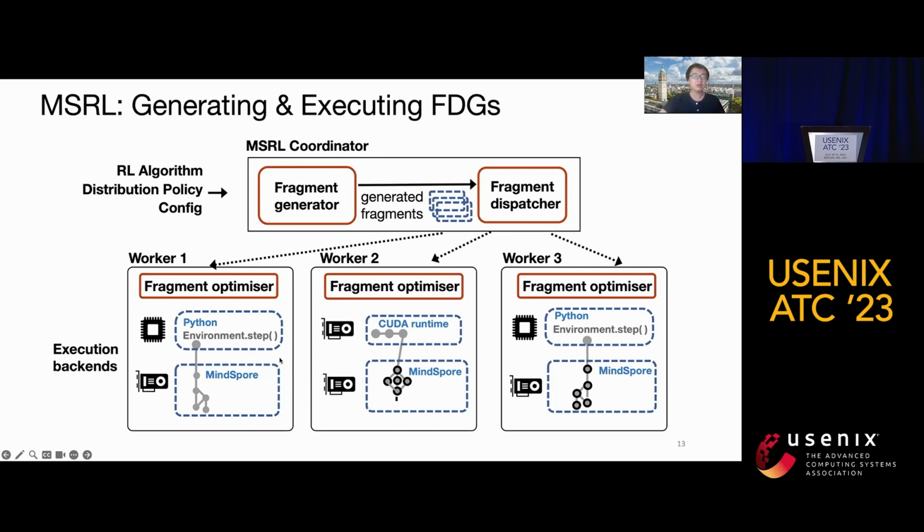And then all the workers can communicate through some communication operators provided by the DL engine. Since those operators generally have very good performance, it guarantees the communication will not become the bottleneck very quickly.